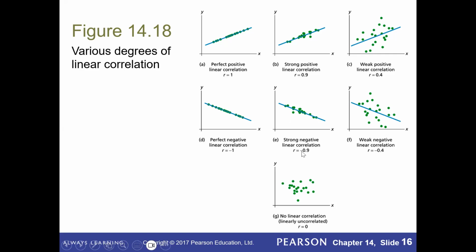And if this value is negative, then we say that the relation between x and y is negative. Negative 0.9 is very close to negative 1, so there is a strong negative correlation. And if the value of r is equal to 0, then we say that there is no correlation between x and y.